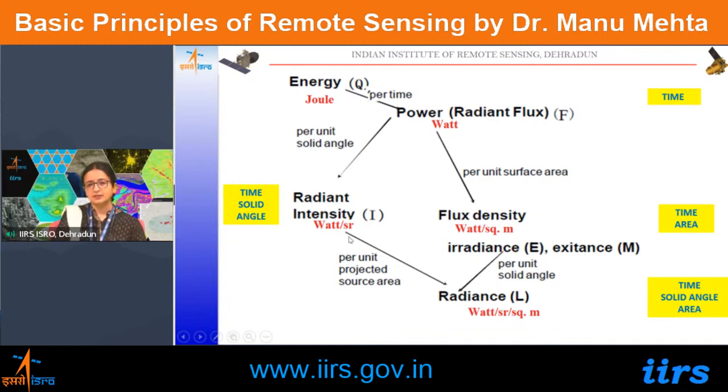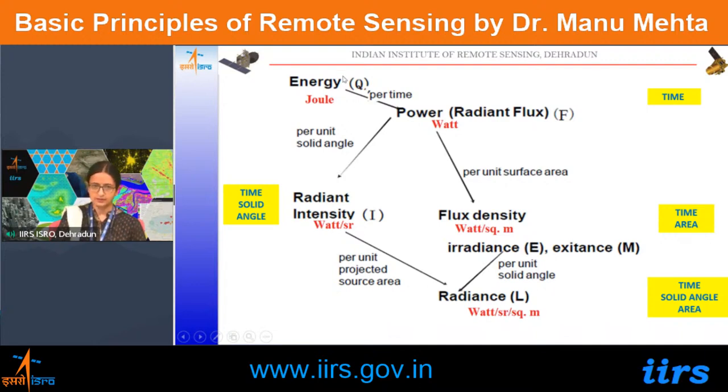And now we can move this way or this way to add the information of all three: time, solid angle, and area. So if I move from intensity this side, the rate of change of intensity per unit area is your radiance. So the units will be the units of intensity divided by the units of area. Watts per steradian per meter square.